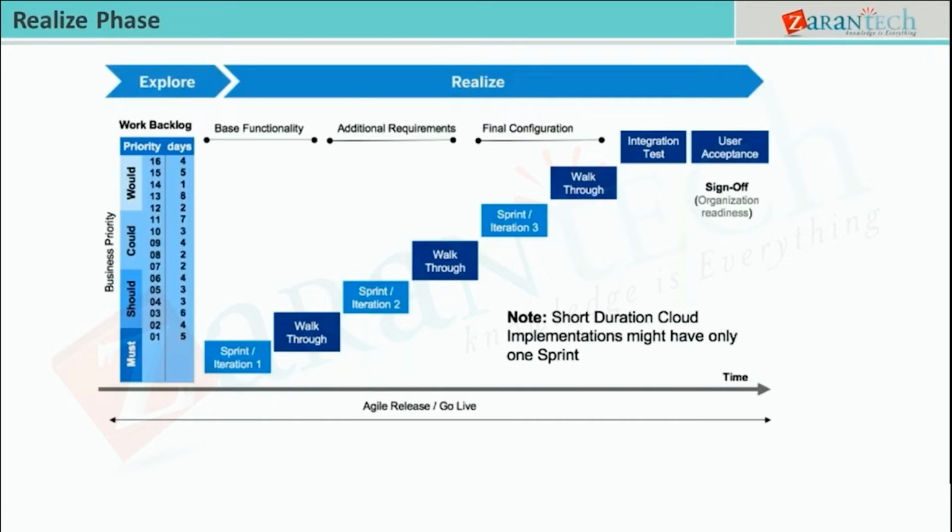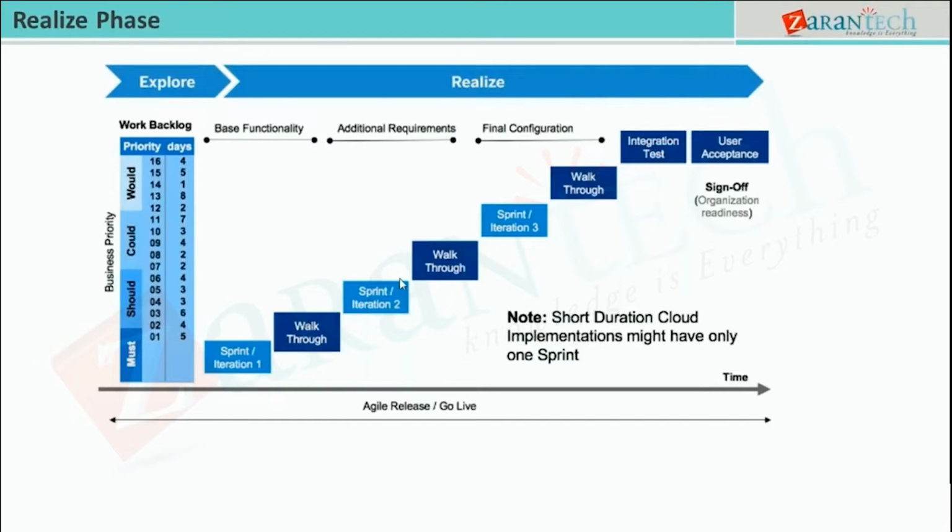We divide the complete realize time into 3 different parts, and after each interval, we go to the customer and take them through a complete walkthrough of the system, whatever we have configured till that point. We collect their feedback, and accordingly we make the required changes and align the product to meet the customer requirement. Technically, we call these iterations, guys. We can call them either a sprint or an iteration, and this we call the walkthrough or the demo.